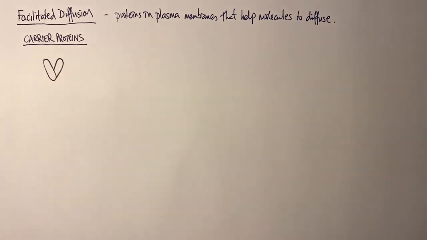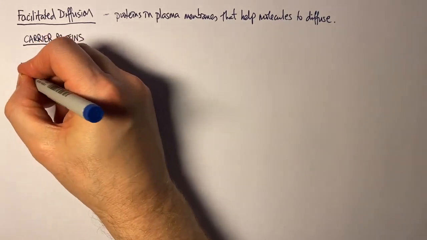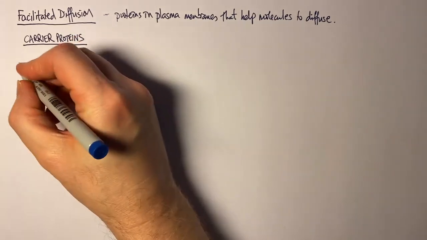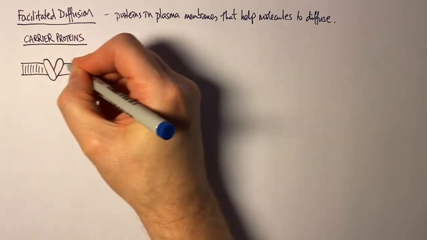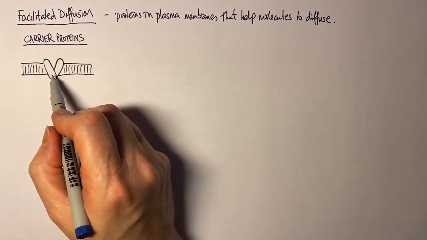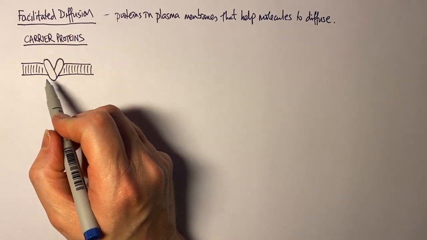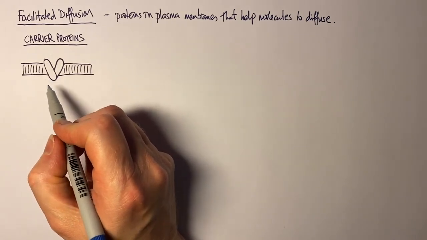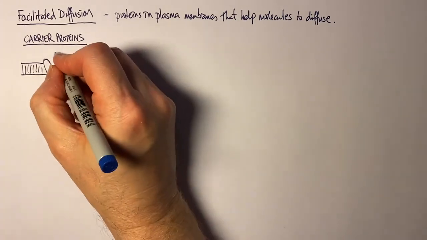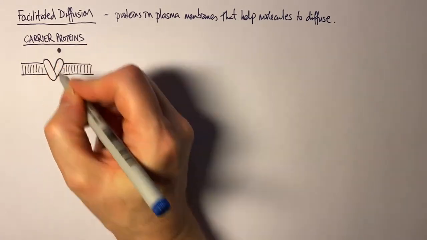So there's our protein, and I'm not going to draw all of the plasma membrane because it will take quite a long time to do, but there's our phospholipid bilayer there, and this here is a carrier protein, and this is going to allow a molecule to pass across. Here is our molecule.